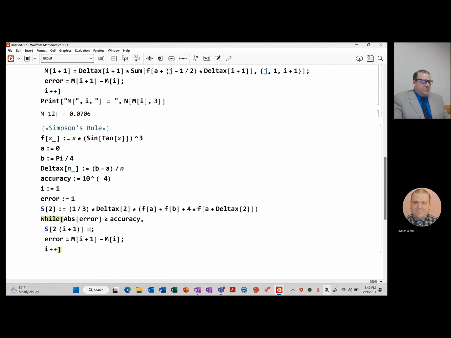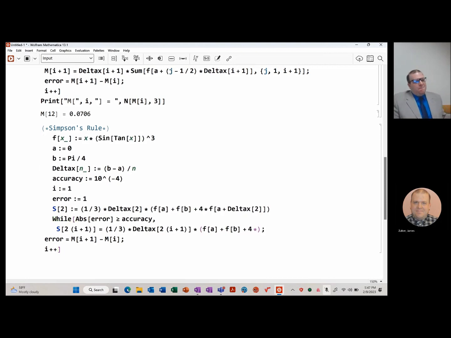We already know 1/3. Delta x will be delta x of, same thing, 2 times I plus 1. F of A plus F of B will stay. This is where we have to get clever. All of the odd indices are being multiplied by 4.